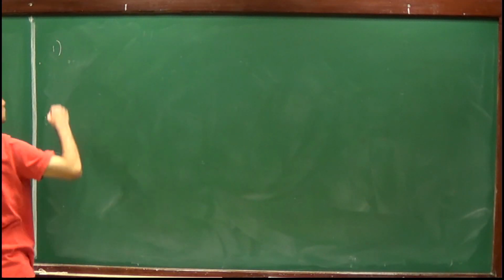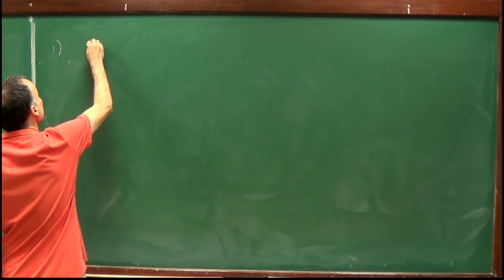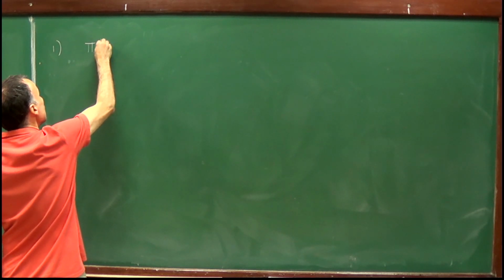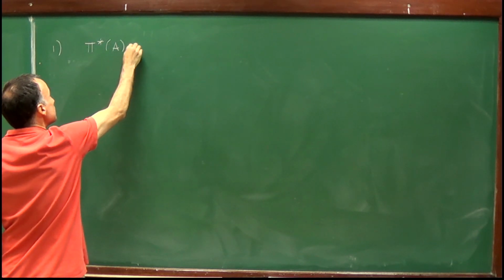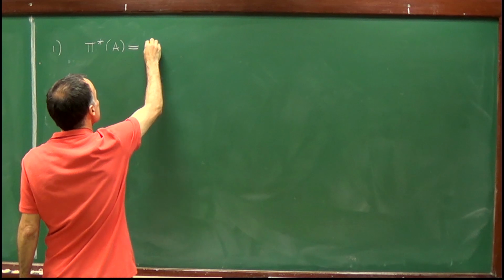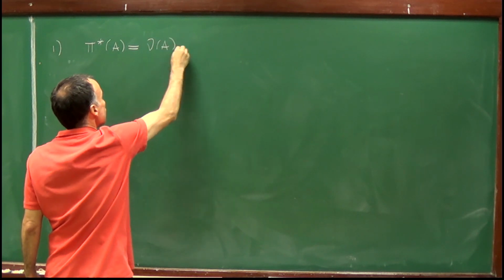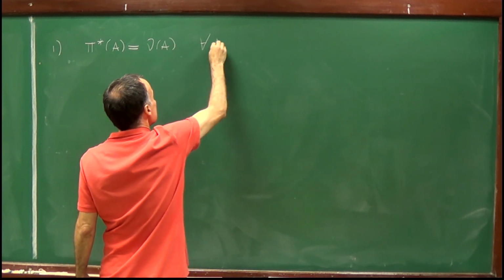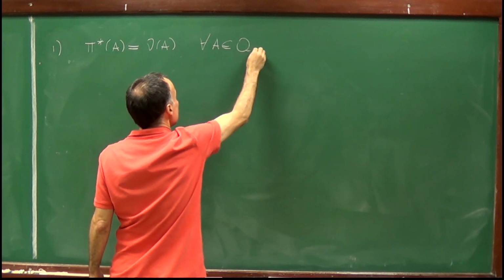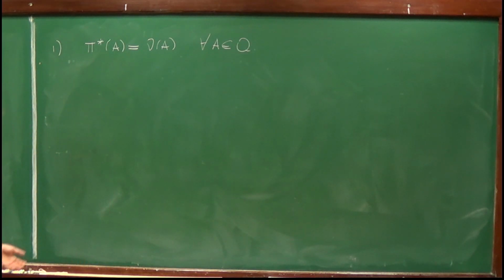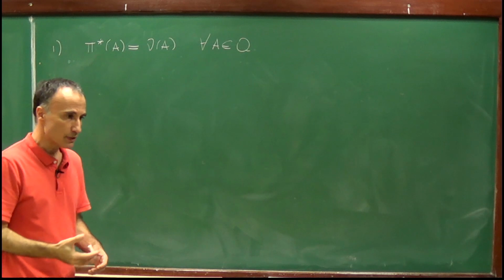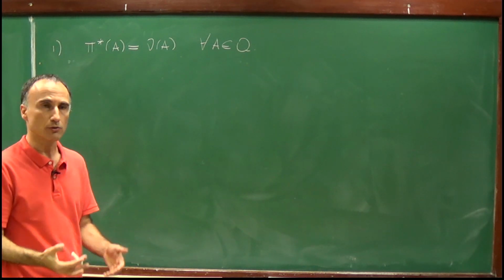So let's first prove that P star of A is equal to nu of A for all A in the algebra. Well, this proof is very similar to the proof that P star of the empty set is equal to 0.